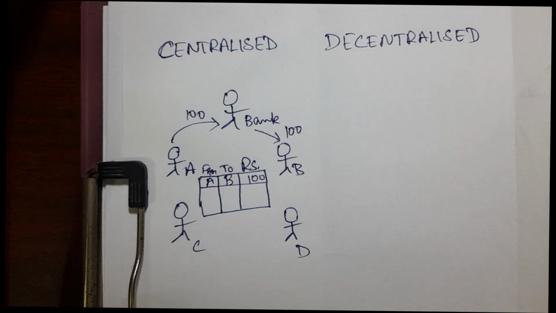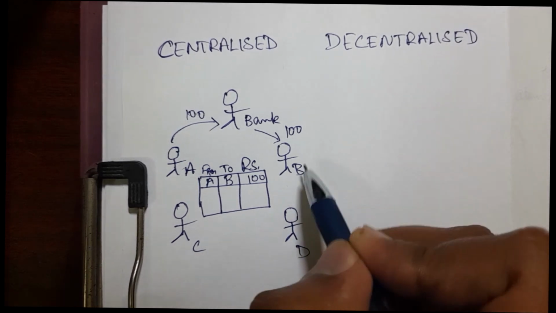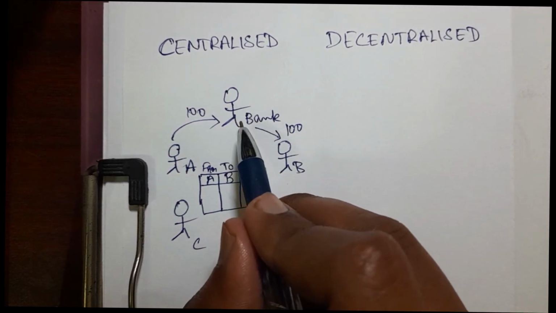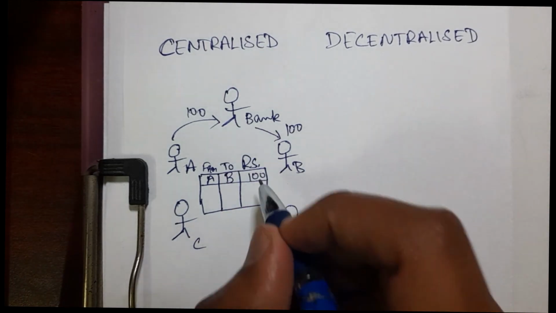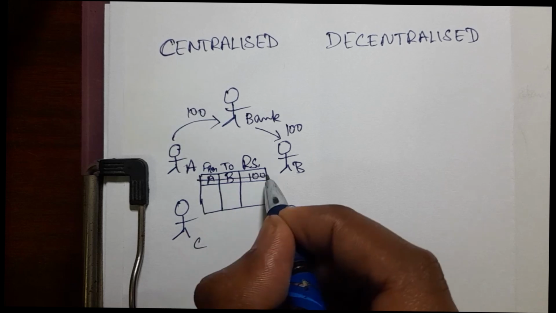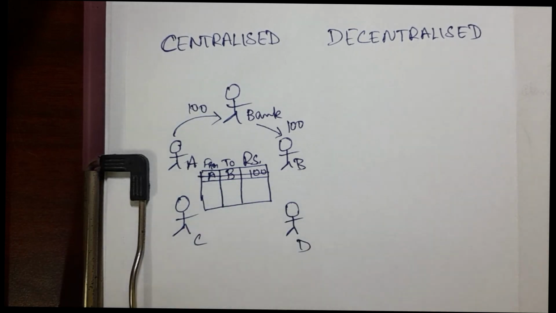What I'm trying to say is they have the ability, the power, the authority to change the record since they are the only authorized persons. If B is a very big authority in the bank, he can just completely delete this transaction.